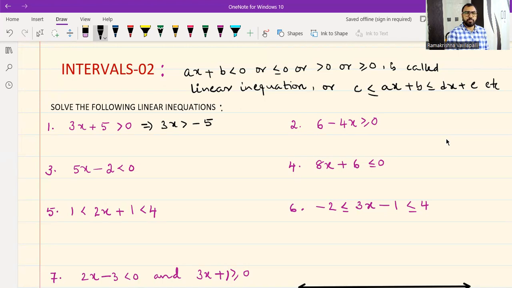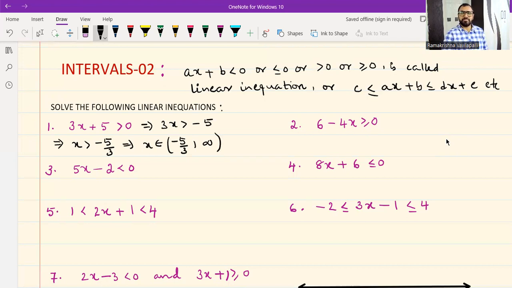When you are dividing by a positive quantity, the inequality will remain the same. So this is x greater than minus 5 by 3, which means x takes the values from minus 5 by 3 to infinity. So we write minus 5 by 3 to infinity.